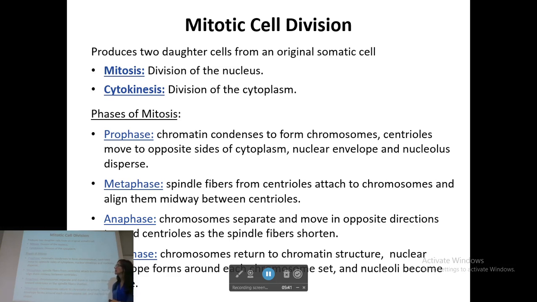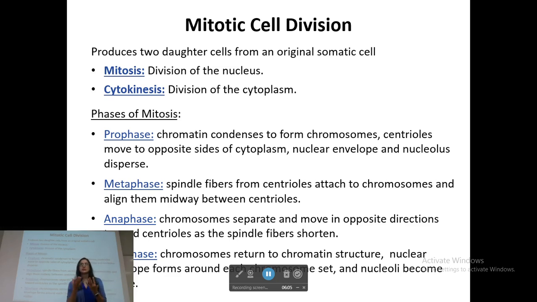Okay, mitotic cell division. So here's where we get to mitosis and the phases of mitosis. It starts out with prophase, and in prophase, the chromatin condenses. Chromatin is the DNA plus proteins in the nucleus. So chromatin condenses and forms chromosomes, right?